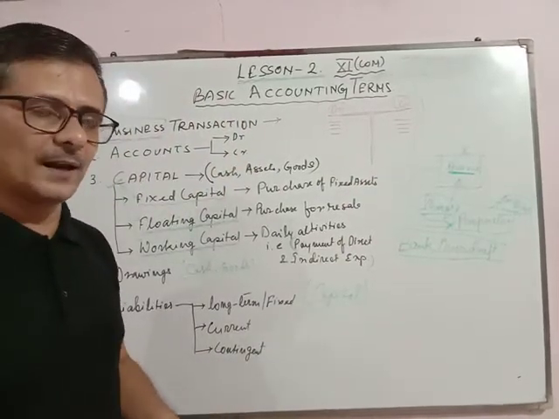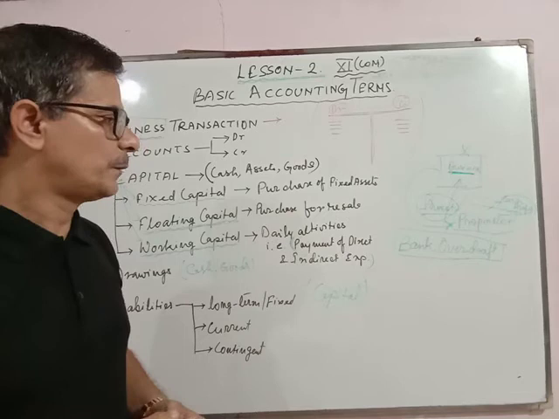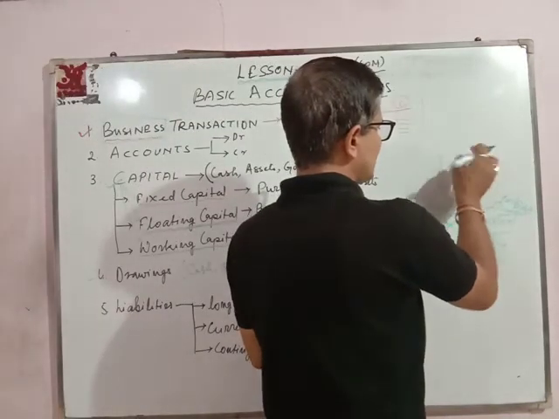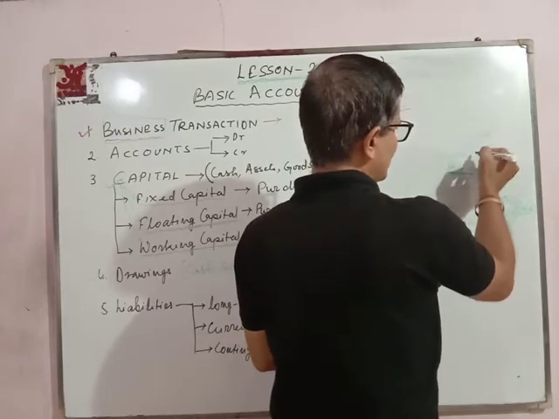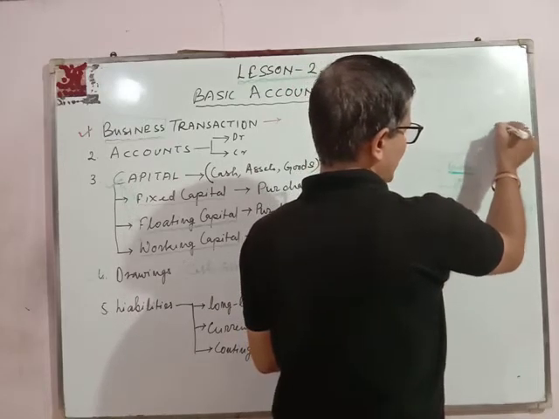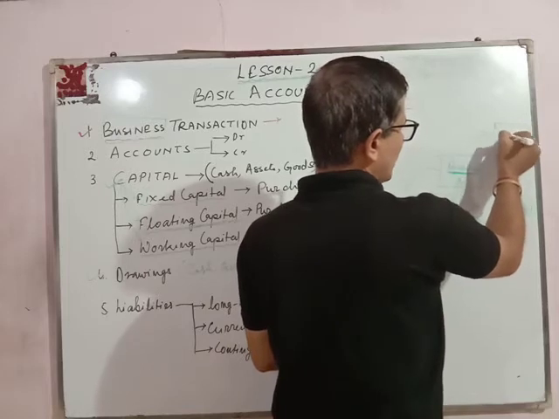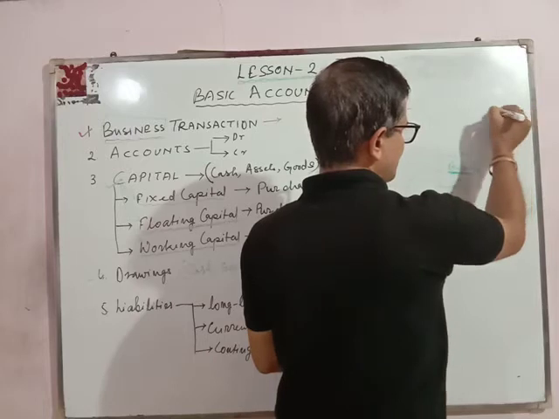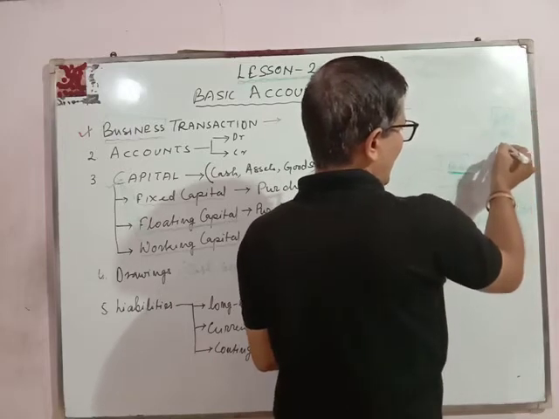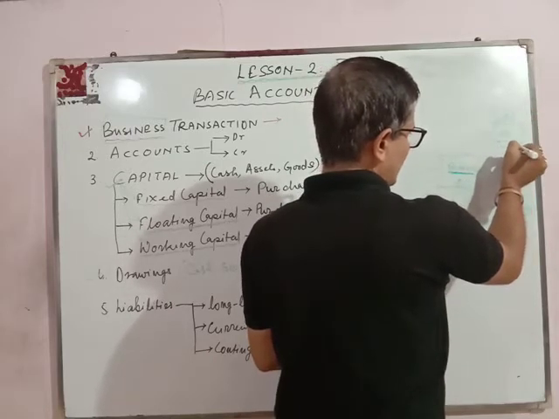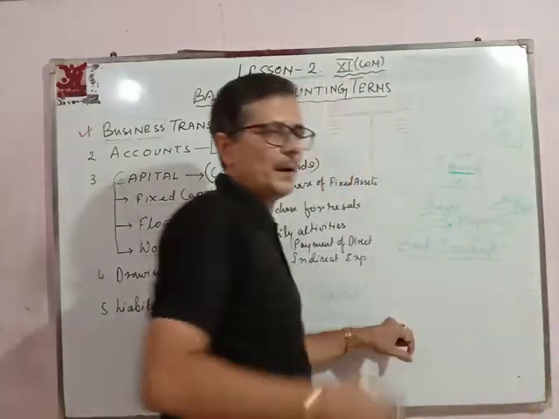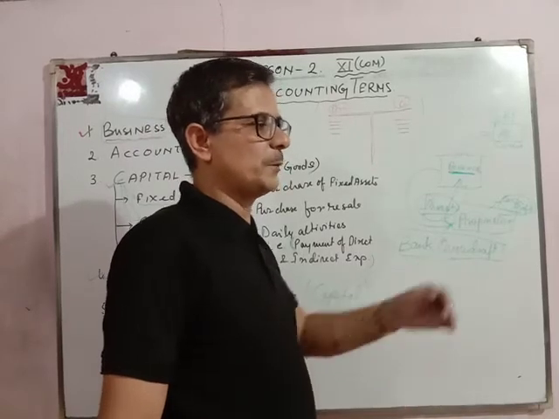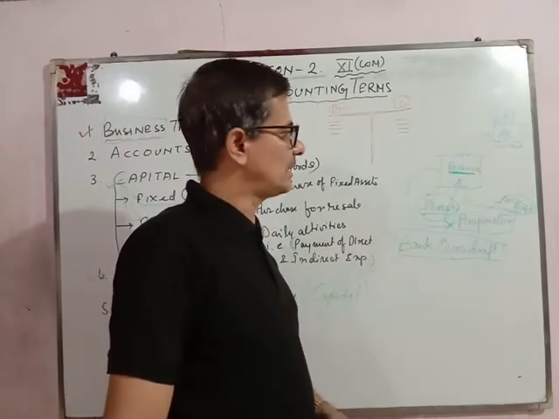Suppose a businessman has a very good relationship with the bank. Let us take this example. This business has opened an account with, say, SBI, State Bank of India, and this account is a current account. For we public, it is a savings account, where whatever money we save we deposit into the savings account.